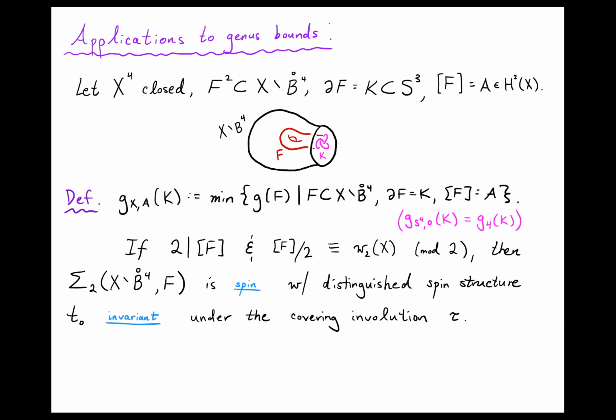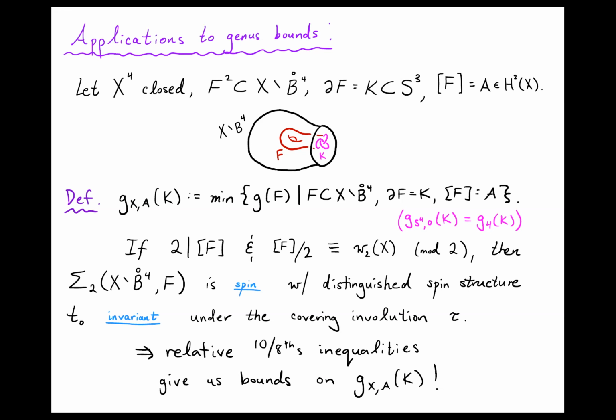So here's the idea. If in this situation we happen to have that the homology class of F is divisible by 2, and that F over 2 is equivalent to the second Stiefel-Whitney class of X modulo 2, then the double branched cover of this punctured manifold over F is spin, with a distinguished spin structure that is invariant under the covering involution.